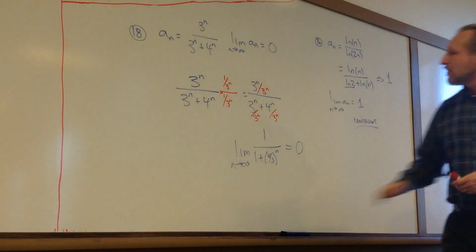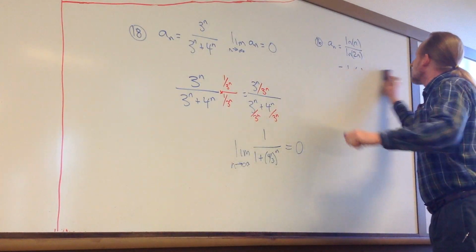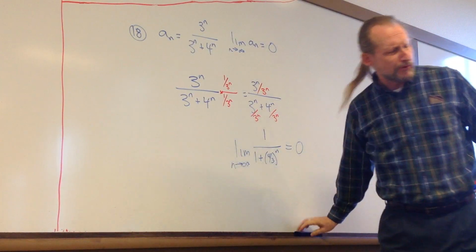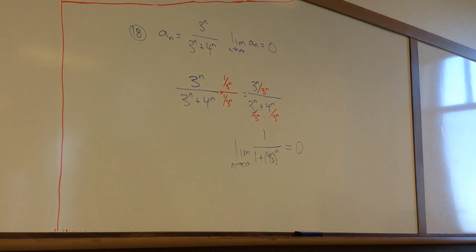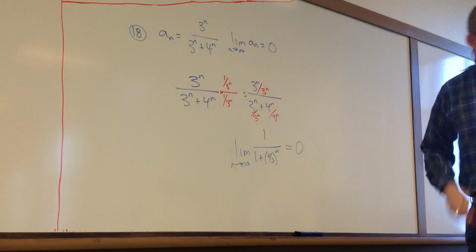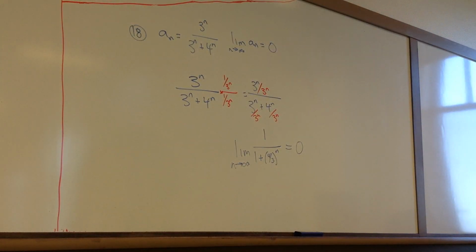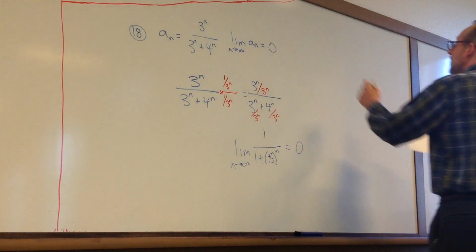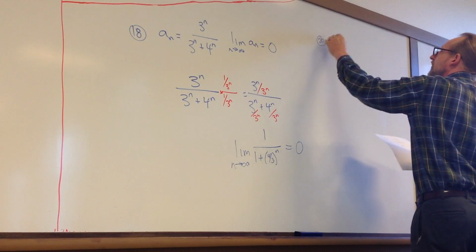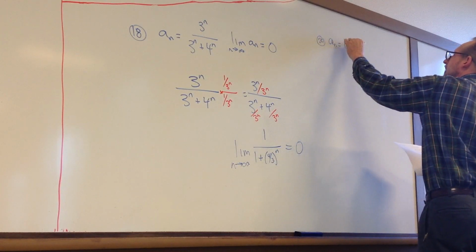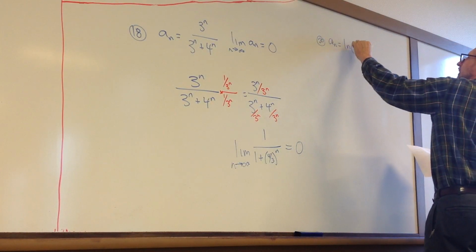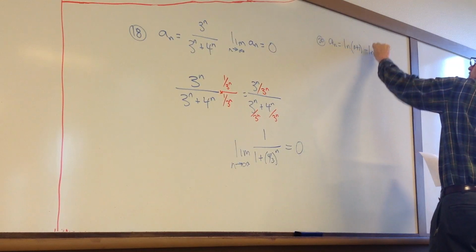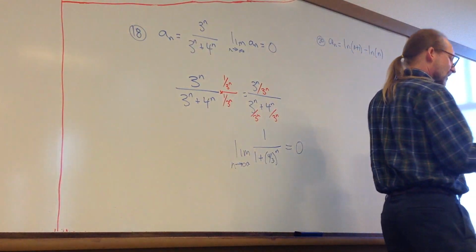Okay? All right. Let's look at, how many more do we have here? Just 1 or 2 more. All right. So problem 20, again, we've got these logarithms here. A sub n is natural log of n plus 1 minus natural log of n.